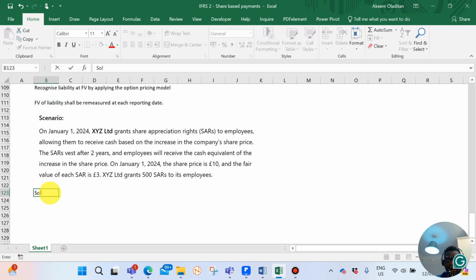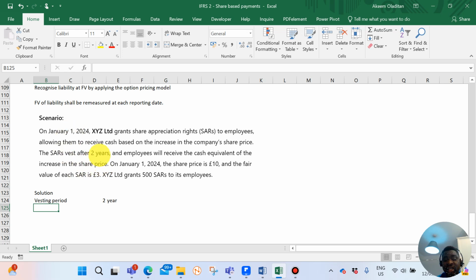Anyhow you see the question, I think the vesting period is one of the most important things you need to point out first, because if you don't get that vesting period right, you won't get the answer right. So the vesting period is 2 years, and employees will receive the cash equivalent of the increase in the share price.